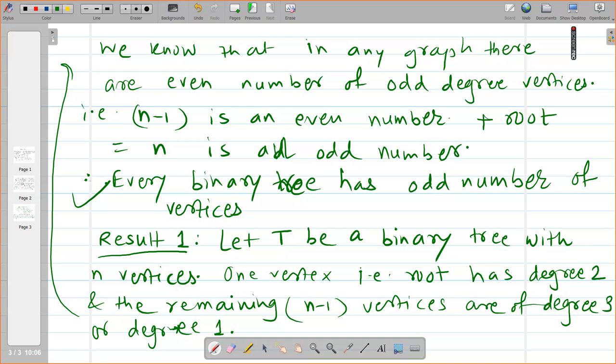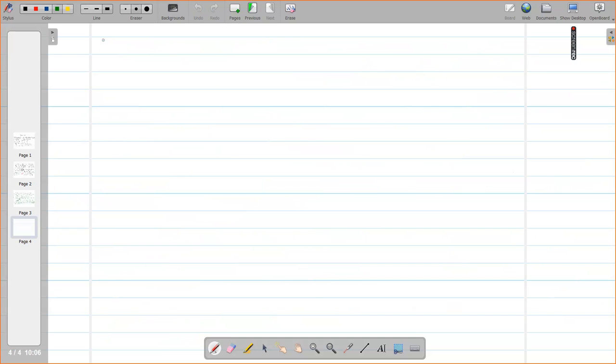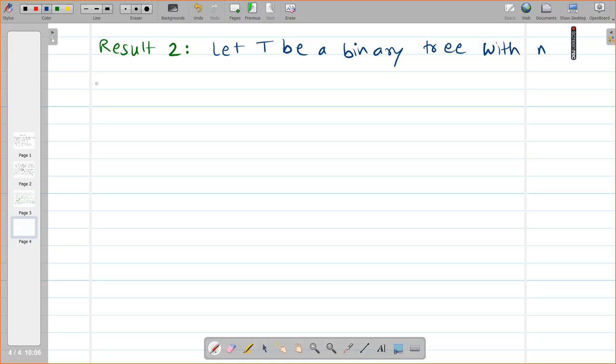Yes, can we go next? There is another important result. Let T be a binary tree with n vertices, out of which P vertices are pendant.